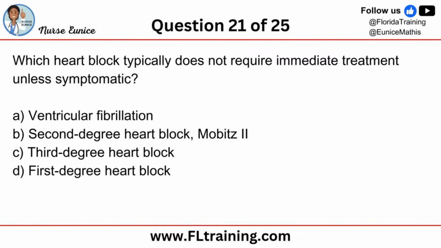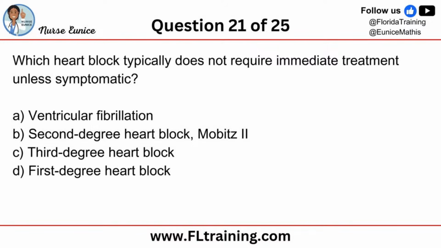So when you're thinking of your heart blocks, which one is usually not as medically complex? Which one doesn't really require a whole bunch of medical treatment? Is it going to be A, ventricular fibrillation, B, second degree heart block type 2, C, third degree heart block, or D, first degree heart block?